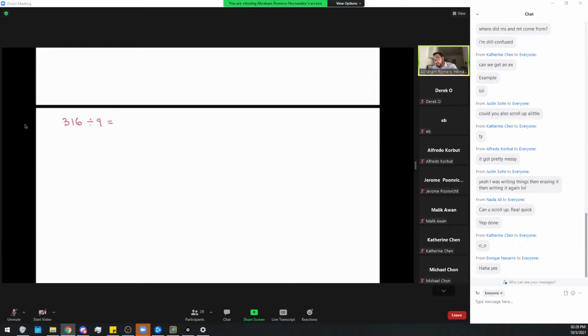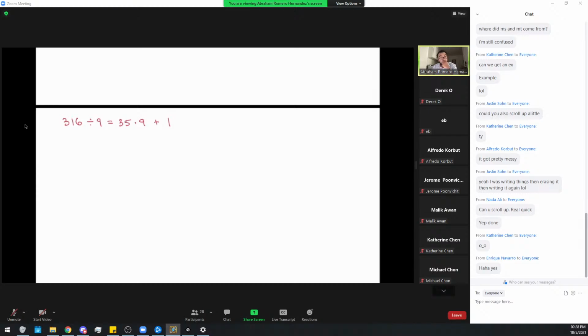It's not going to go in evenly, and we don't want to use a calculator to the point where we write out the decimals. What you want to write it as is using the division algorithm. So this is 35 times 9 plus 1. So far, so good. We're not done yet.